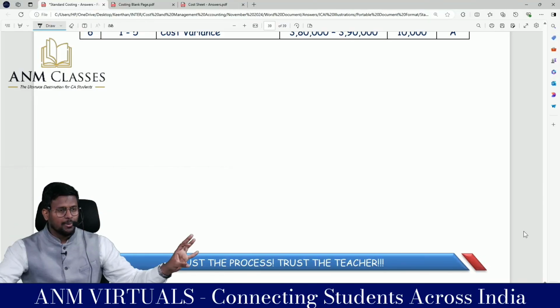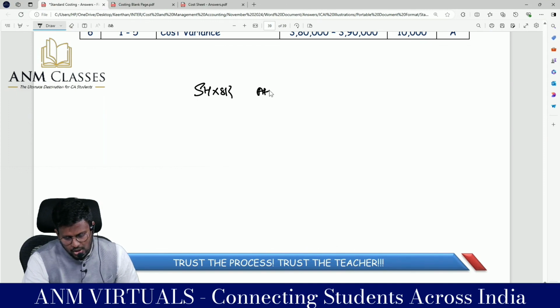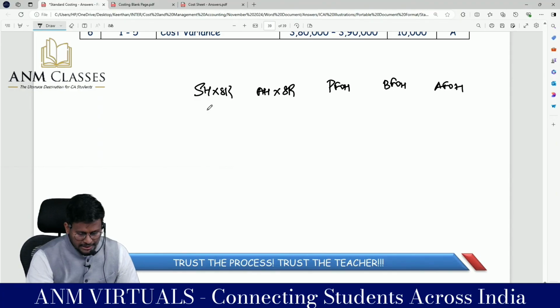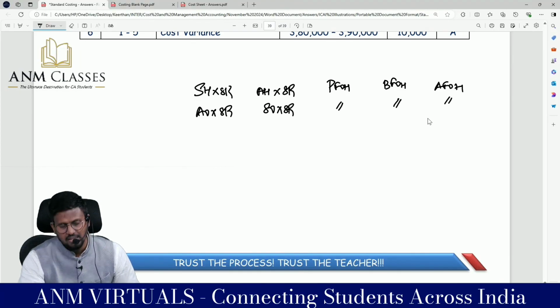Do only one table: standard hour into standard rate, actual hour into standard rate, PFOH, BFOH, and replace only the first two columns. Instead of standard hour, actual output into standard rate, standard output into standard rate. All the remaining are the same.